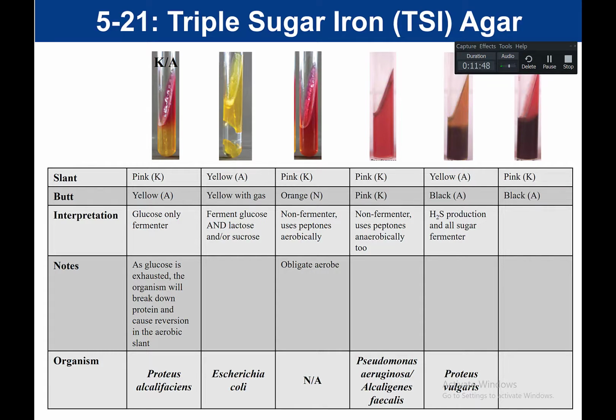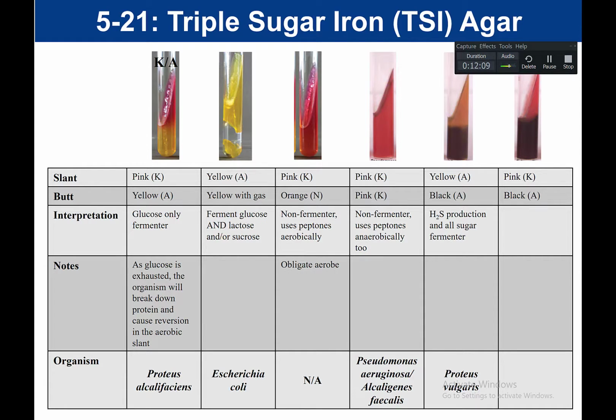Our last type of tube that we could see is where the slant is pink and the butt is black. Can underneath the butt be pink? Could that be a tube that was pink all throughout? And the answer is no. It had to be acidic in order for the black to occur.